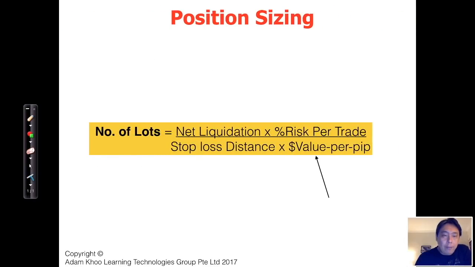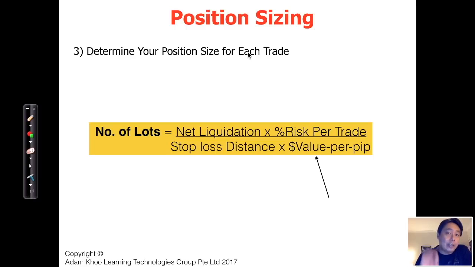So once you have that, step 3 is to calculate your position size for each trade. Now I'm going to show you how to calculate it manually, but in reality, there are many position sizing calculators that you can find online or on your phone app that will do it for you within a couple of seconds. So you have to understand the theory and then use the calculator, right? Great. So here's the formula.